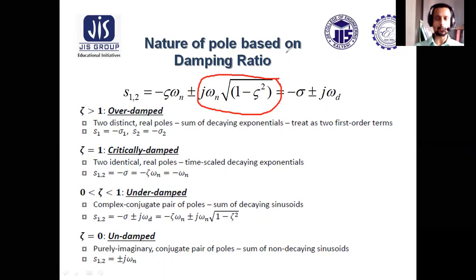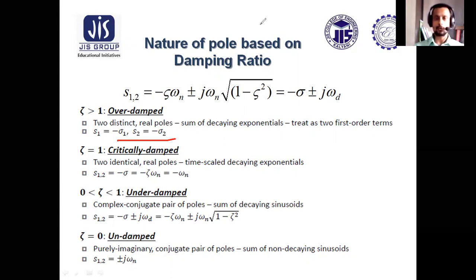Real part plus or minus a real part will always be a real quantity. So for an overdamped system, we will have two real pole values. Due to these two real pole values, an overdamped system can be considered as the addition of two first order terms.